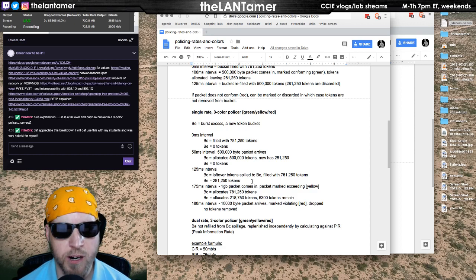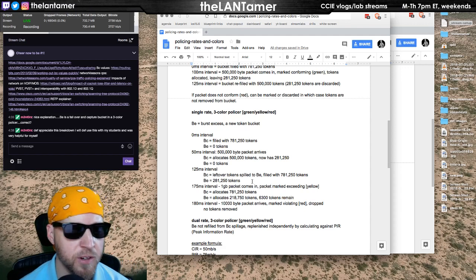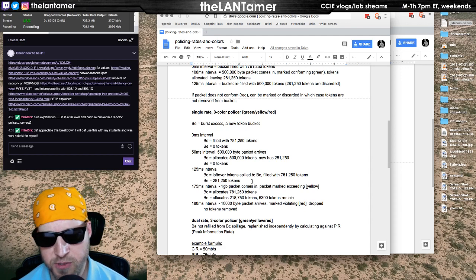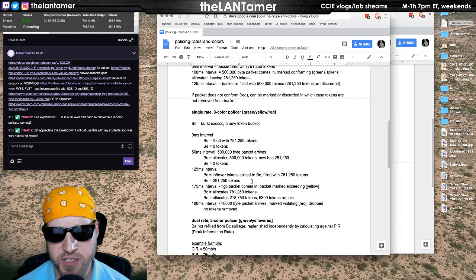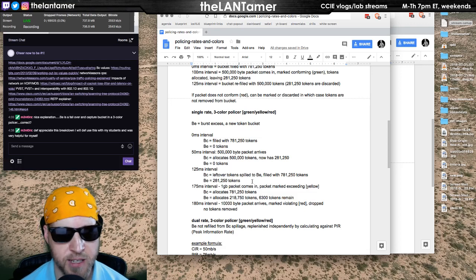And we've told the router that when it's exceeded, we're going to forward the packet. So it gets marked yellow, essentially. BC allocates all its tokens, and BE allocates the rest that is needed for this gigabyte packet, 280,750 tokens. It still has a few left over, 6,300 tokens. But that's all that's left until the next TC, which is going to be 250 milliseconds, right?